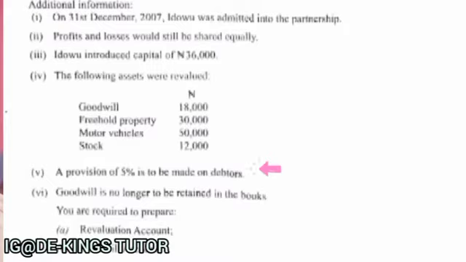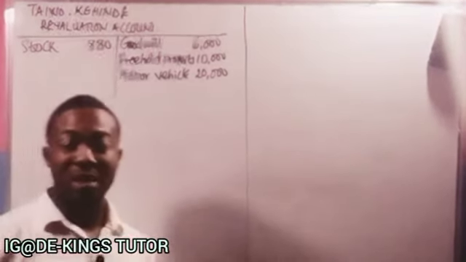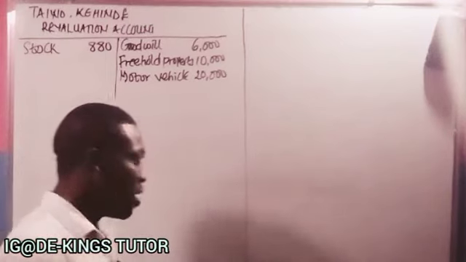Okay, so another item in the additional information, they said a provision of 5% is to be made on debtors. Now, a provision for bad debt is meant to reduce the amount of our debtors. So they gave us a provision of 5% on debtors. Debtors is 18,400.